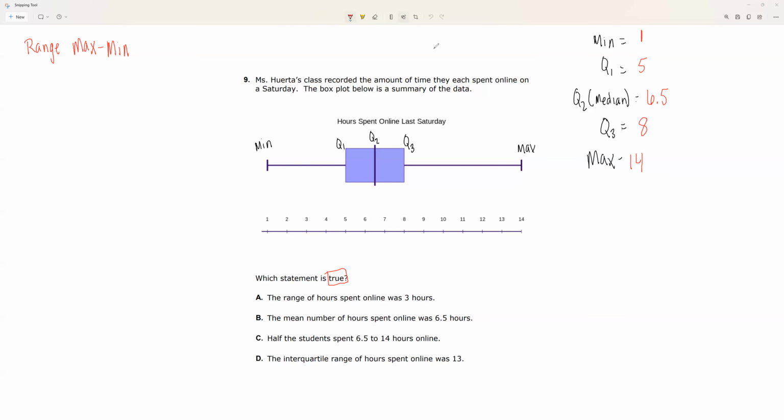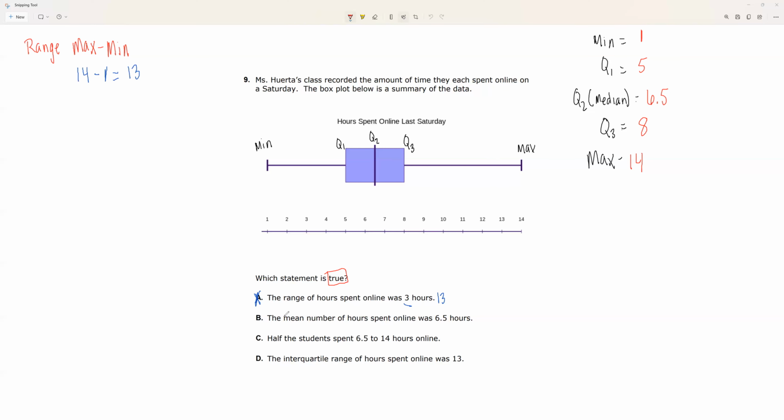So my max is 14 minus my minimum, which is 1. And that's a pretty simple one to do. 14 minus 1, that is 13. So I'm saying that my range was 13. And right here, it only says 3. So I know that A cannot be it because my range would have been a lot more.